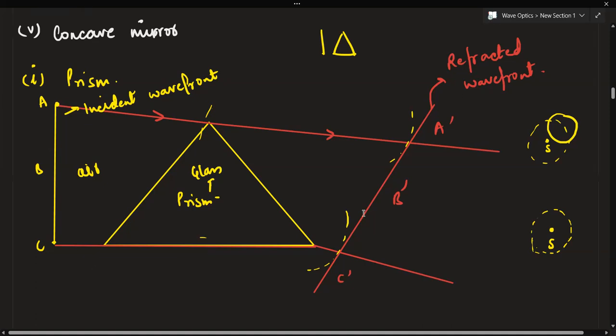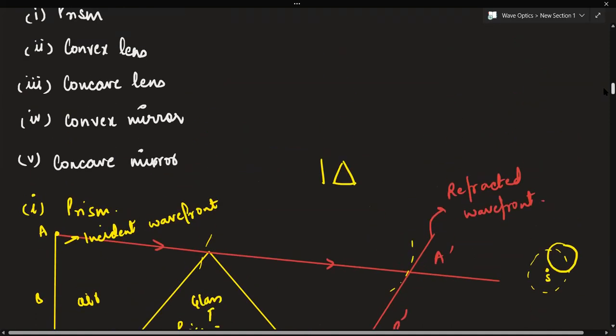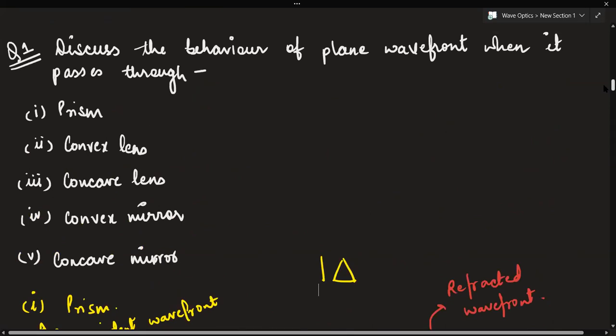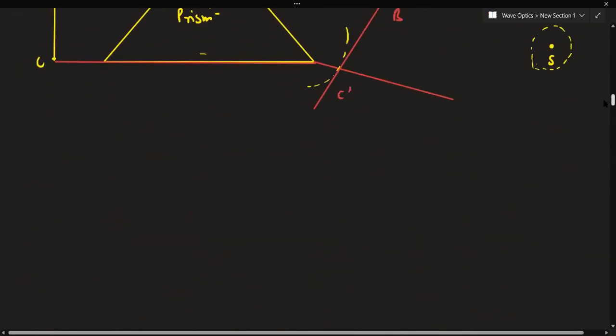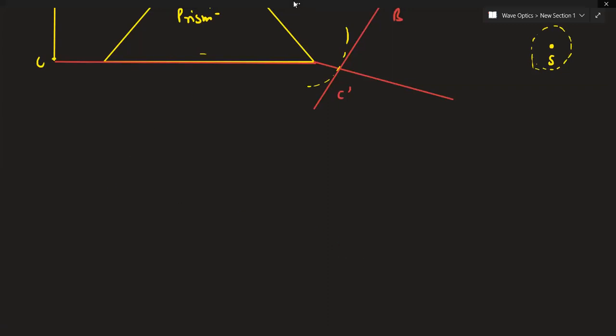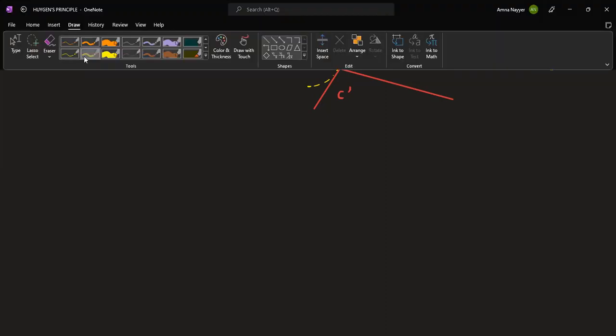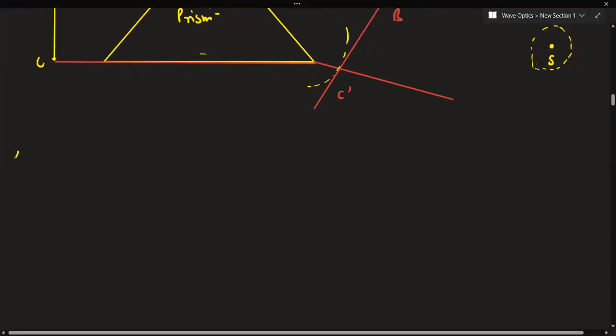Okay, so let us see for all the other devices also. Convex lens. Let's see it for a convex lens. So a convex lens is a converging lens or a diverging lens? Converging.